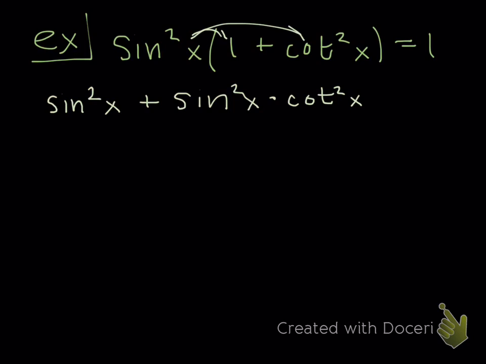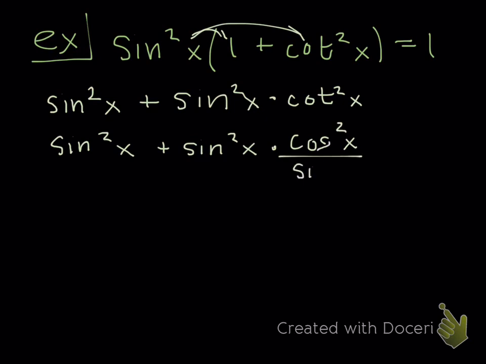Okay, so now I want to think about getting everything in terms of sine and cosine. So I know cotangent is cosine over sine. So if it's cotangent squared, it's the same thing, it's just they're both squared. So I have sine squared of x plus sine squared of x. And instead of writing cotangent squared, I'm going to say that this is cosine squared of x over sine squared of x.